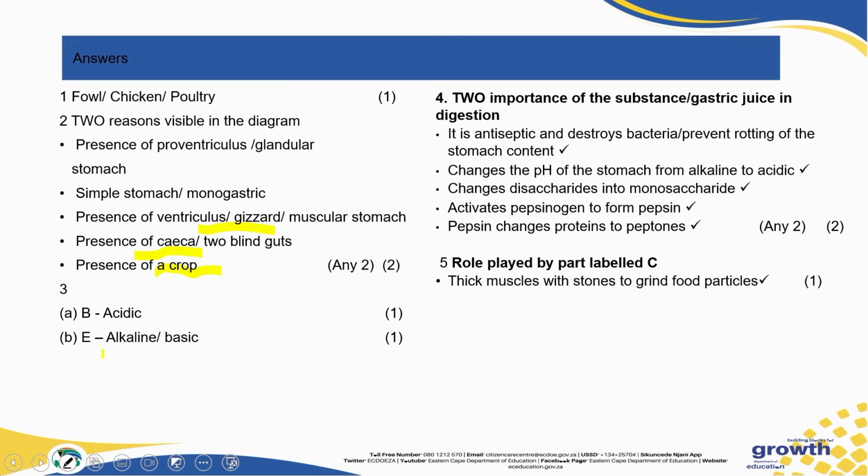It changes the alkaline medium into acidic medium. Disaccharides are changed into monosaccharides. Those are the functions of hydrochloric acid. It activates the inactive pepsinogen into active pepsin. Pepsin changes the proteins into peptones.